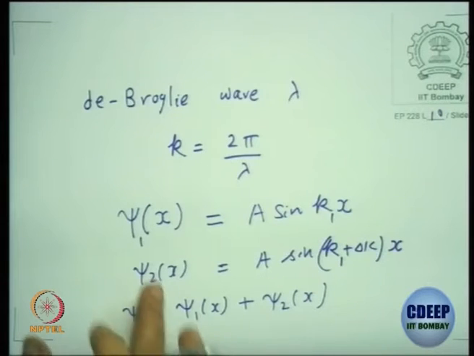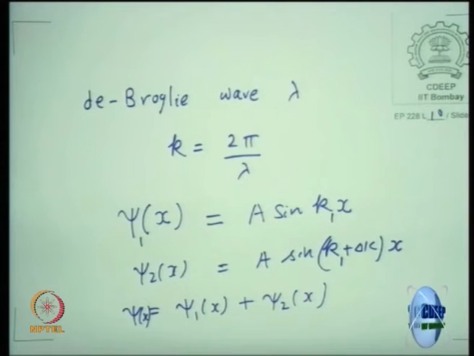If you start adding one more wave, then you will see some kind of superposed state with not a definite wavelength, but with some width which is proportional to your delta k, right. We have done this as one of the assignment problems.